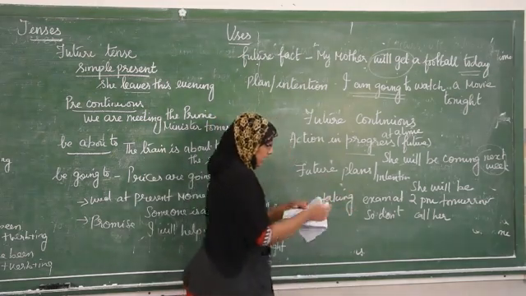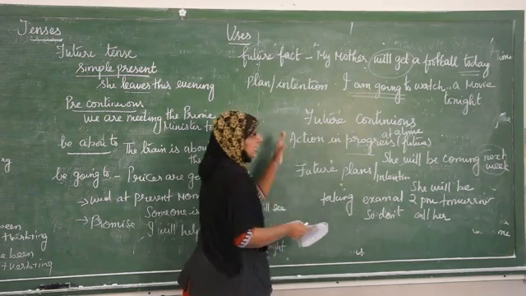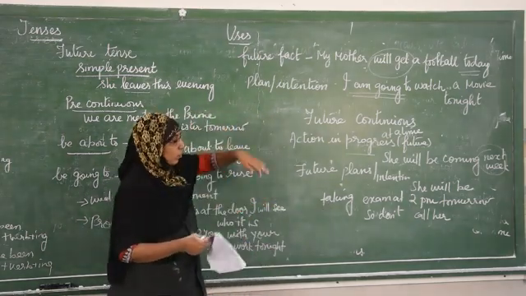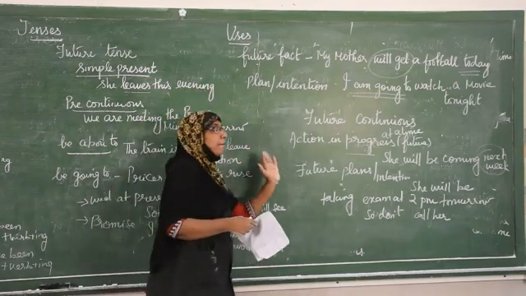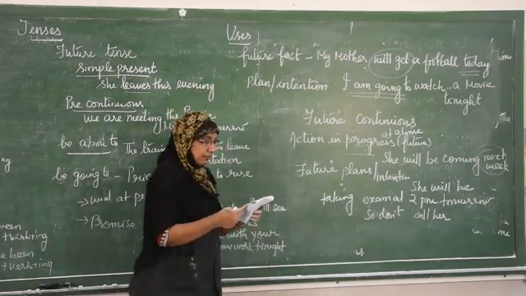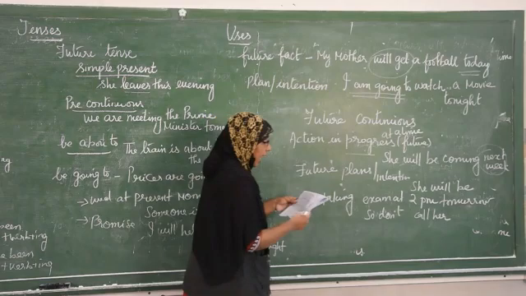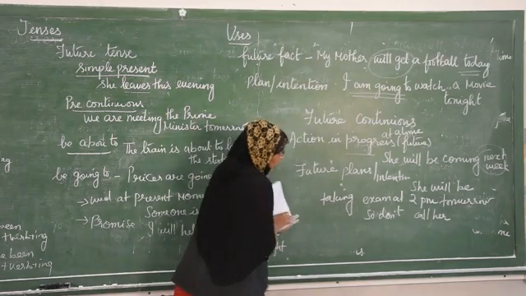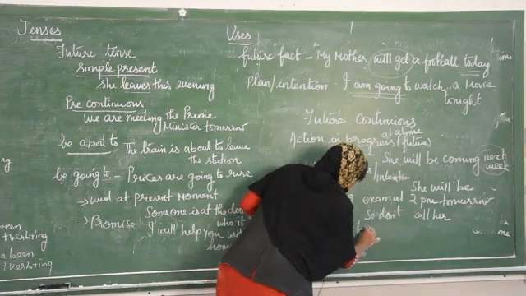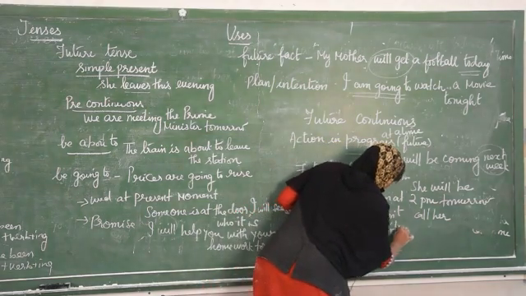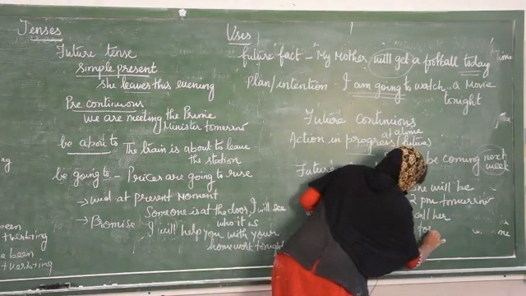Future plan or intention. Then interrupted action. So again the action. What is that interrupted action? The action will be going on in the future, but it has been disturbed. For example, I will be waiting for you when you arrive tonight.